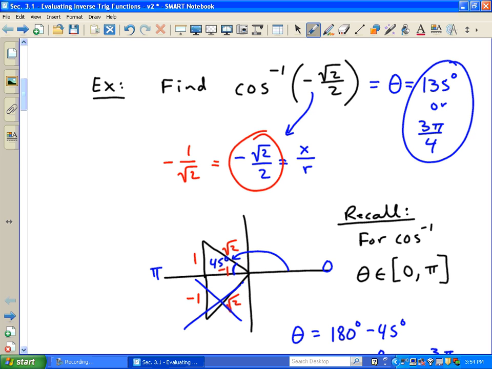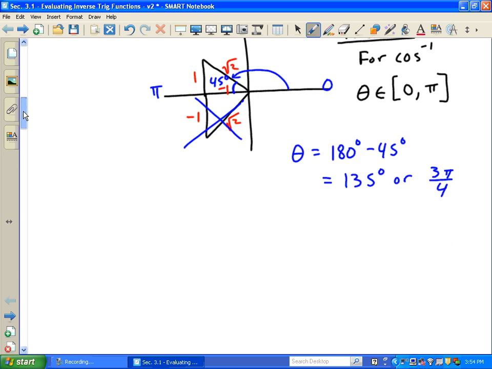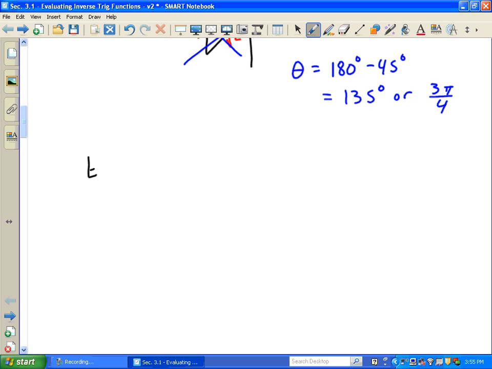Okay, let's consider another example. Let's say that we need to find the inverse tangent of -1. We realize that we're looking for an angle measure.